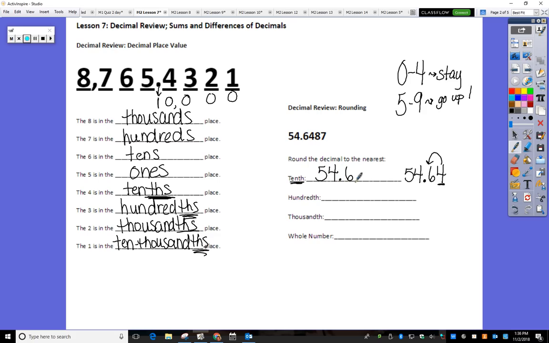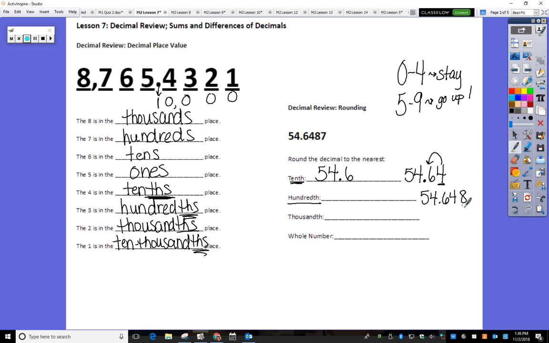I drop everything after the place I'm rounding to in a decimal situation, and everything else to the left of it stays the same. So if we're rounding to the nearest hundredth, I'm going to go one place further out than the hundredths place, which would be the thousandths place. So I'm going to write this number out over here.